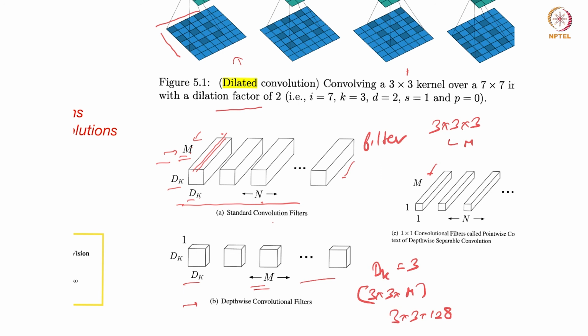When you operate on each of these m feature maps, you get m output feature maps, one corresponding to each.